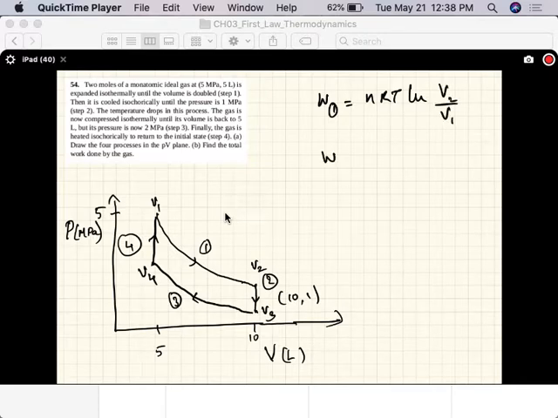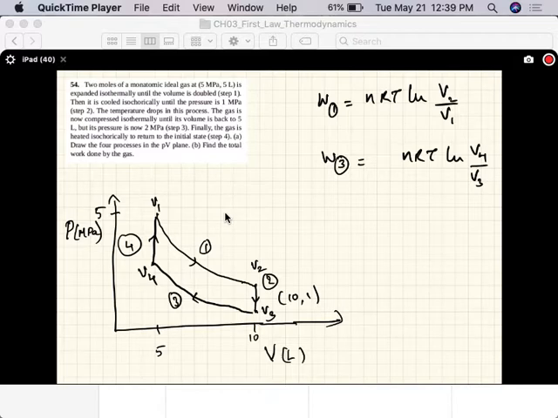Work done in process 3 is negative nRT log V4 divided by V3, and this work will come out negative because V4 is smaller than V3.